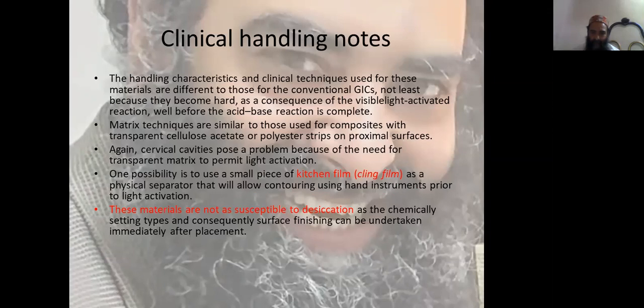These materials are not susceptible to desiccation as the chemically setting types are, and consequently surface finishing can be undertaken immediately after placement of these materials, not like the glass ionomer cements.